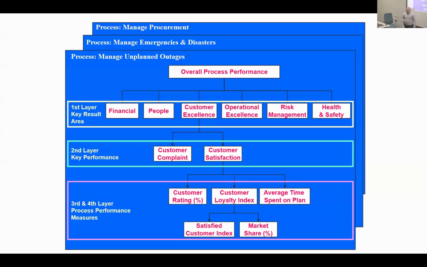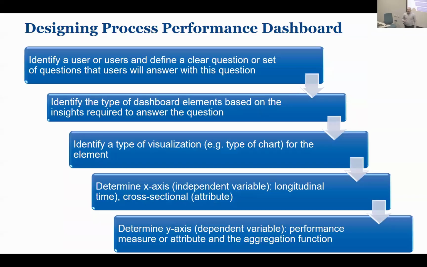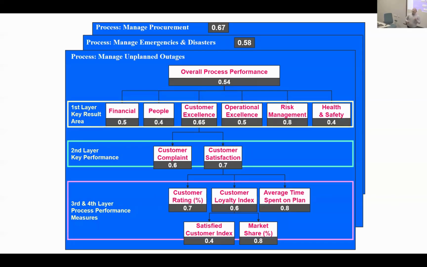So to summarize, there are 3 types of process performance dashboards that you will find in practice. Operational dashboards are for the workers and the operational managers, the people on the ground.